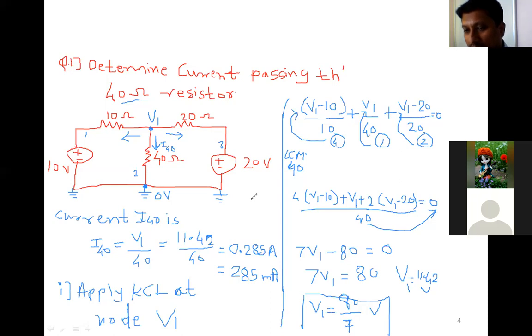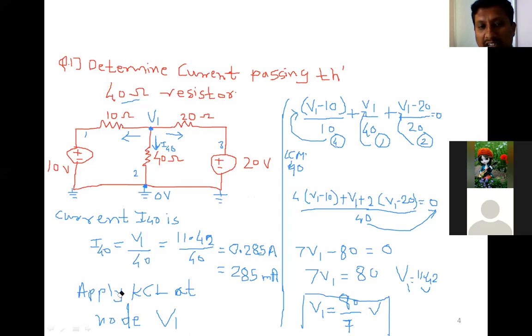Up to this, V1 is equal to 80/7 or 11.42, we applied the nodal analysis. The fifth step is what? According to the question we have to act. So what can we do now?